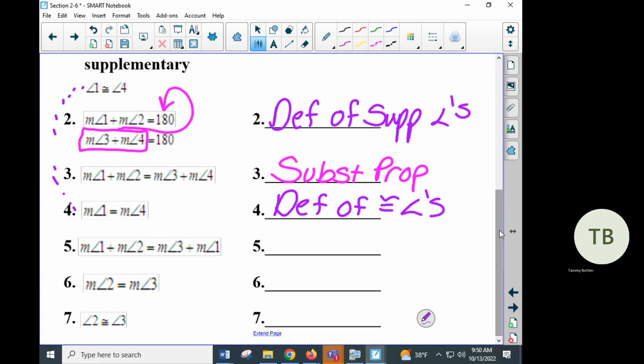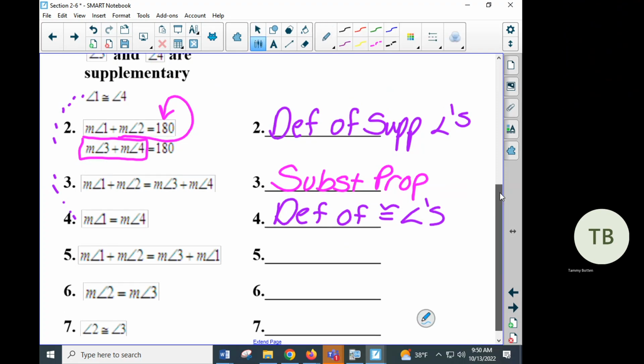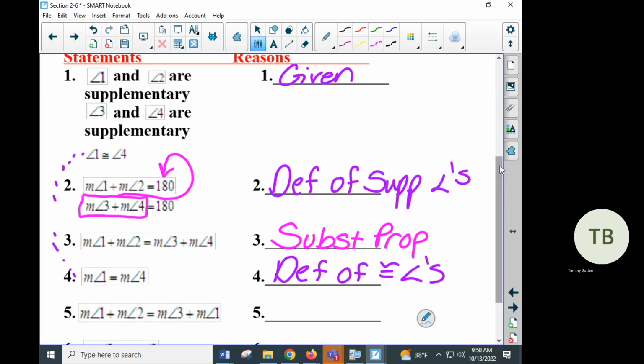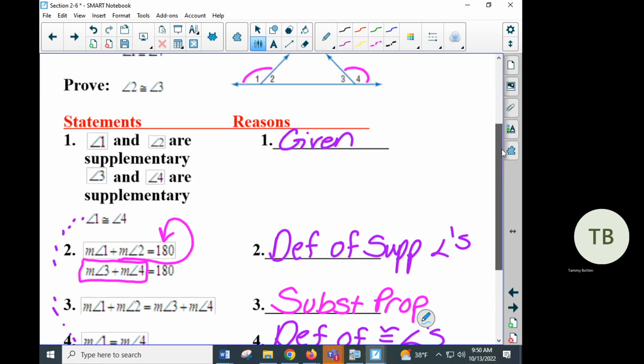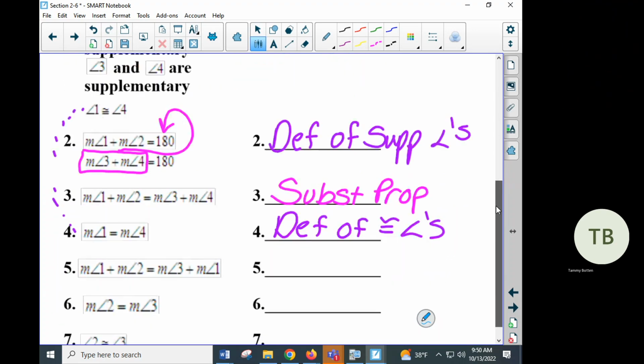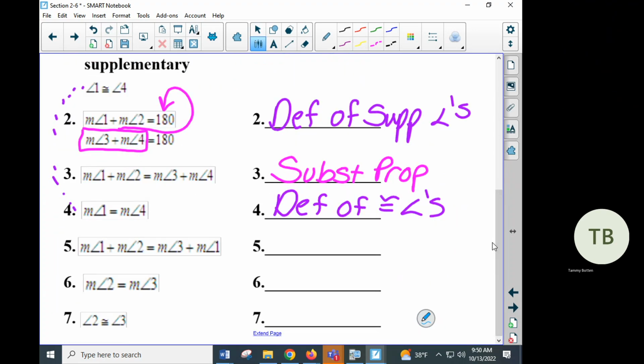Now that we have that, like I was telling you guys, I always look back at what am I trying to prove? And I'm trying to prove that 2 and 3 are equal or congruent. Okay? I want these two or these two to be equal.